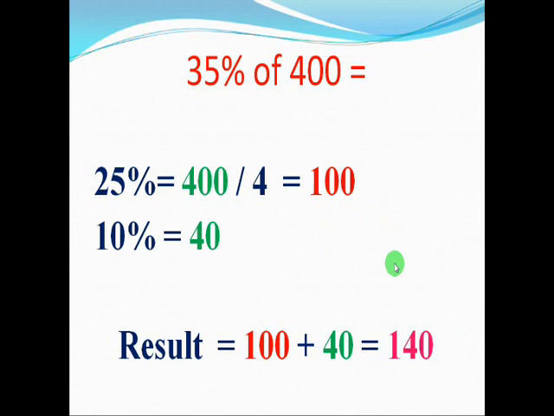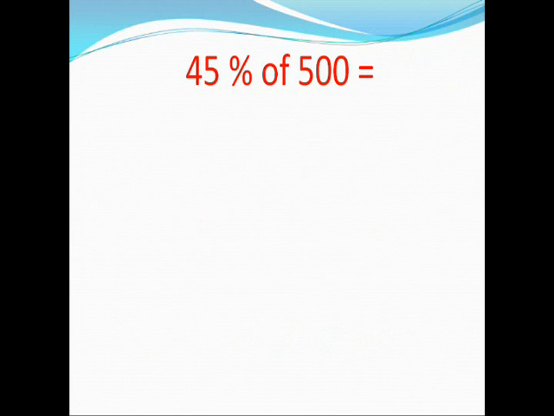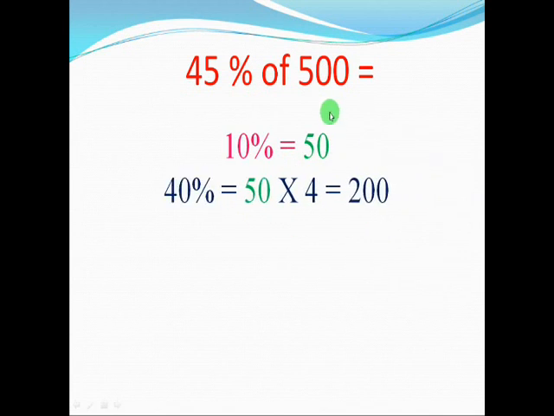Okay. Next question. 45% of 500. Let's solve this problem in the general way. 10% of 500 is equal to 50, and 40% is equal to 50 into 4, that is 200.